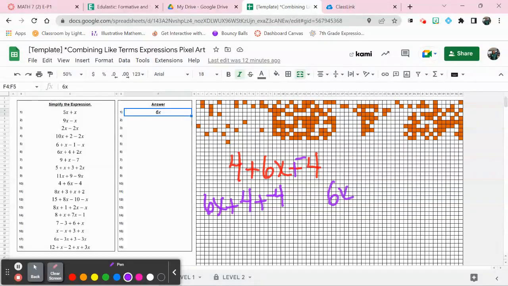He's lonely. But you have 4 plus negative 4. Those are opposites, additive inverse. And when you add a number and its opposite, you always get 0. But I'm not going to put plus 0 because we don't need it. It's nothing. So our answer is just 6 times x, 6x. All right. We are on to number 11.